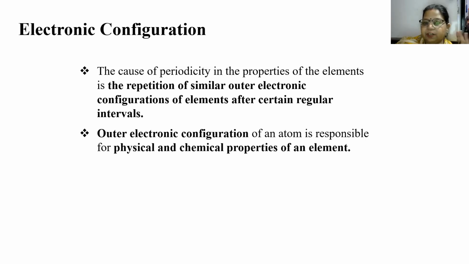Electronic configuration: we all know the valence shell electrons will determine all the properties. Sodium and potassium both resemble in chemical properties because they have one electron each. Let me ask you one question: do you wash your clothes with your hands?